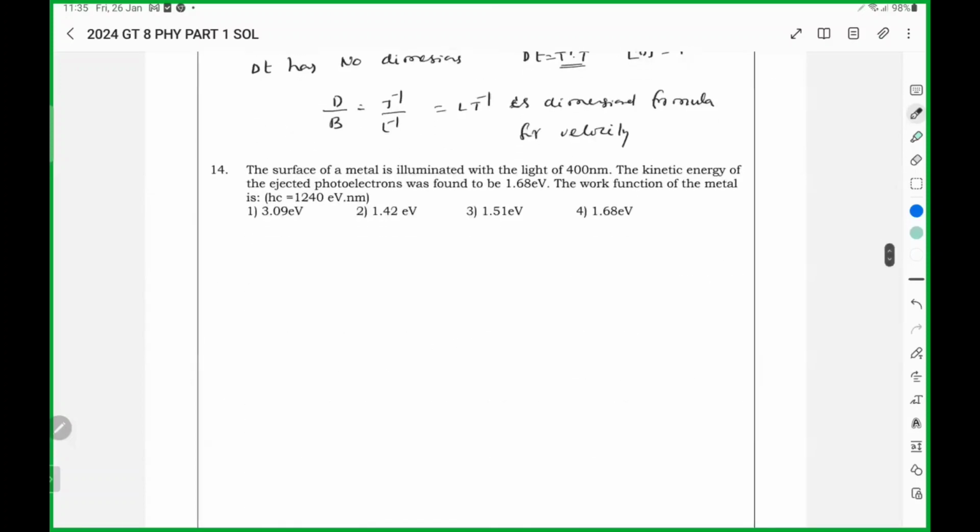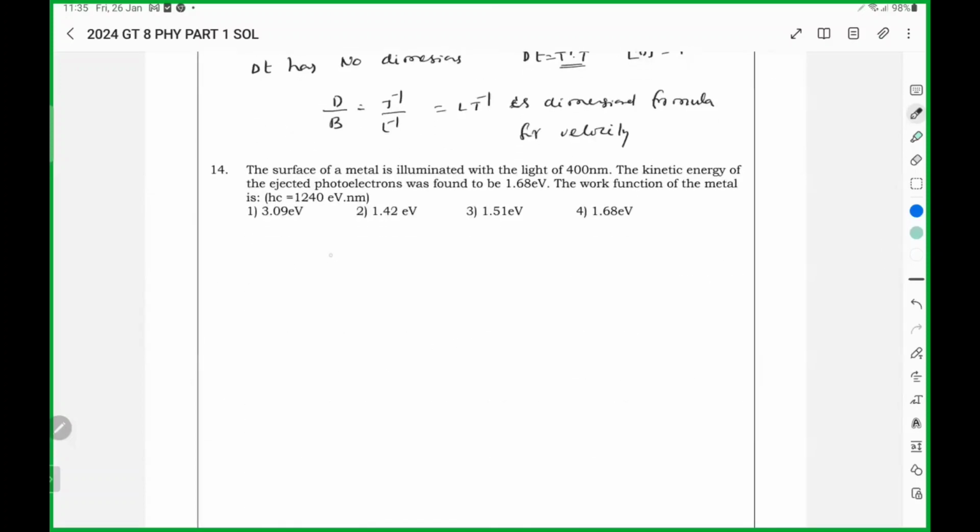So I can write T inverse into T, then in such case no dimension. So let us write d by d: T inverse by L inverse, LT inverse, which is the dimensional formula for velocity. The second option is correct.